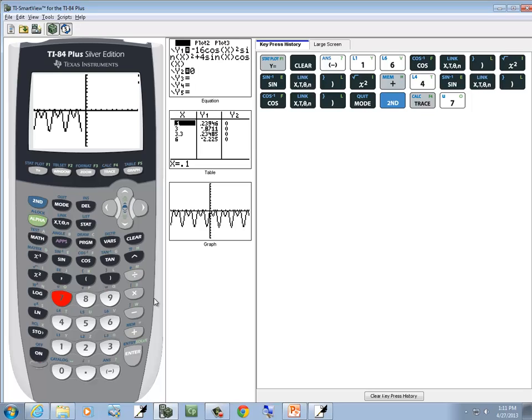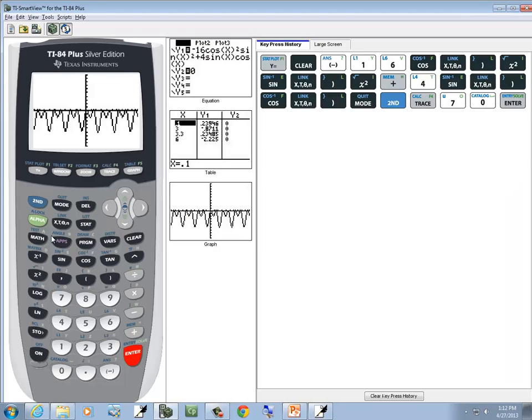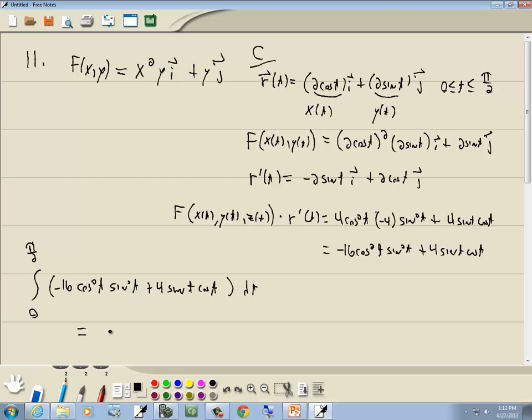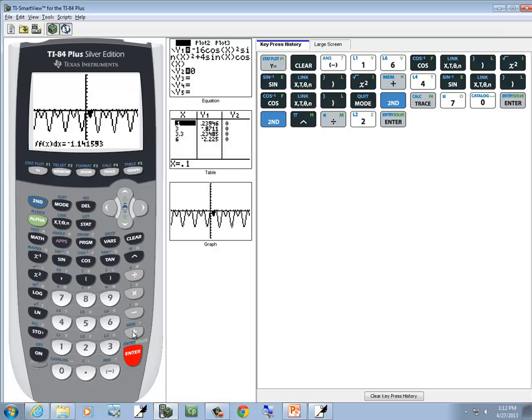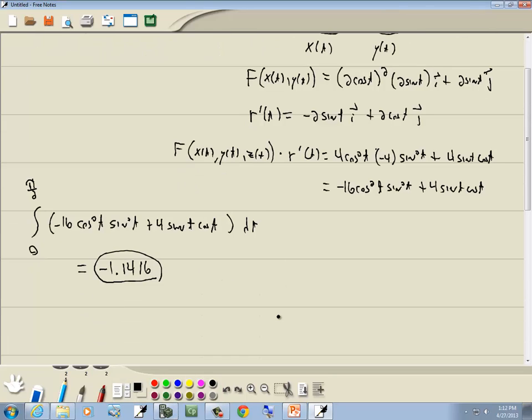Should have probably done zoom z-trig to begin with, but that's okay. Lower limit, 0. Upper limit, pi over 2. And we end up with negative 1.1416. Take it to 4 decimal places using technology. It's not the exact value, but it'll be good enough.